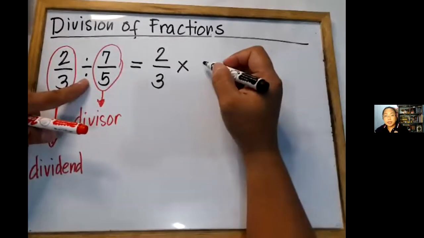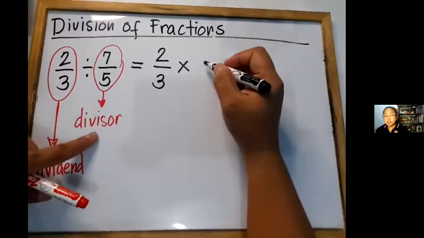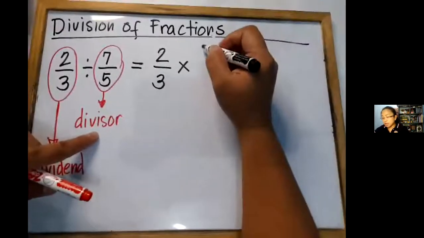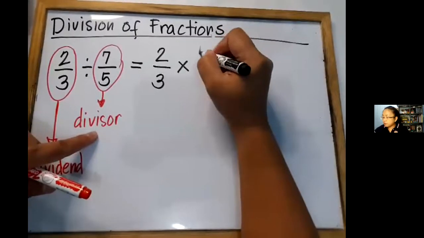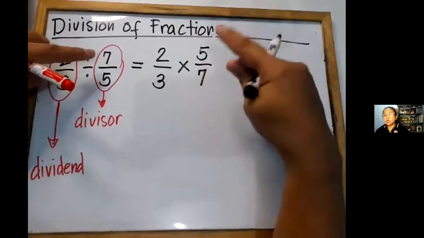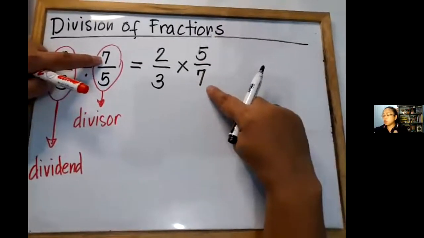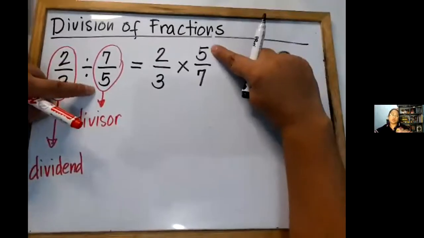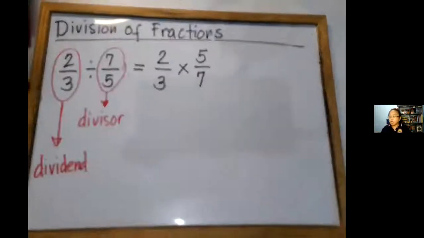Bakit? Kasi yung divisor natin, kukunin natin yung reciprocal niya. So, it will be 5/7. Tignan ninyo, yung numerator naging denominator, yung denominator inilagay natin sa numerator.